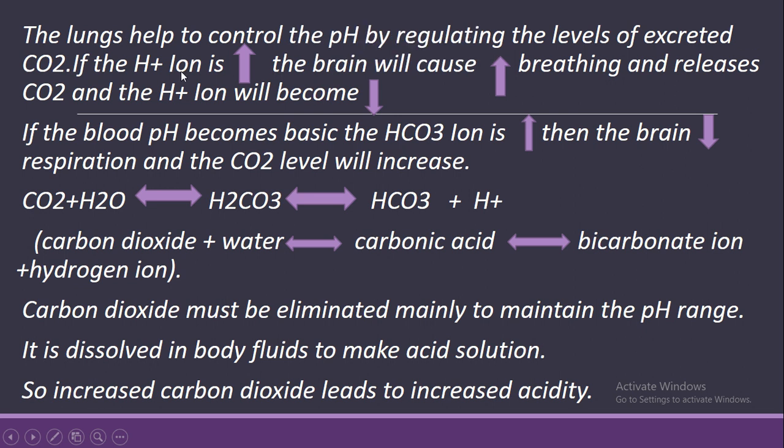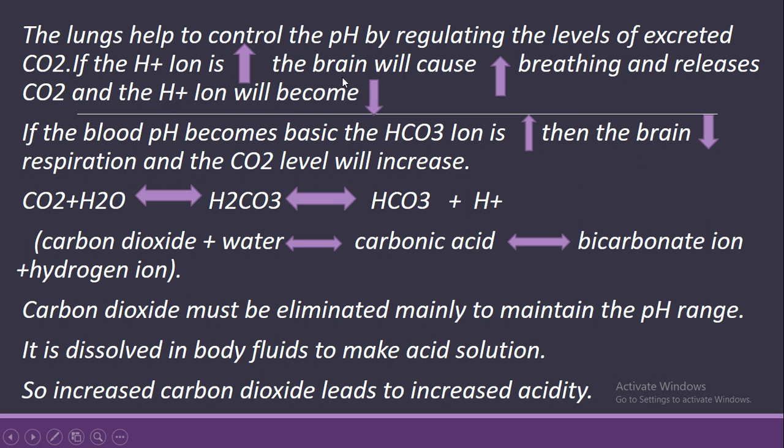If the H plus ion is increased, meaning the acidity is increased, the brain will cause increased breathing and release carbon dioxide, and the H plus ion will become low.